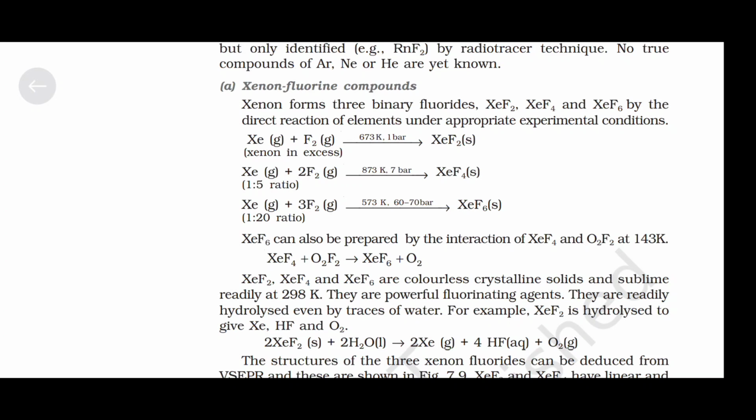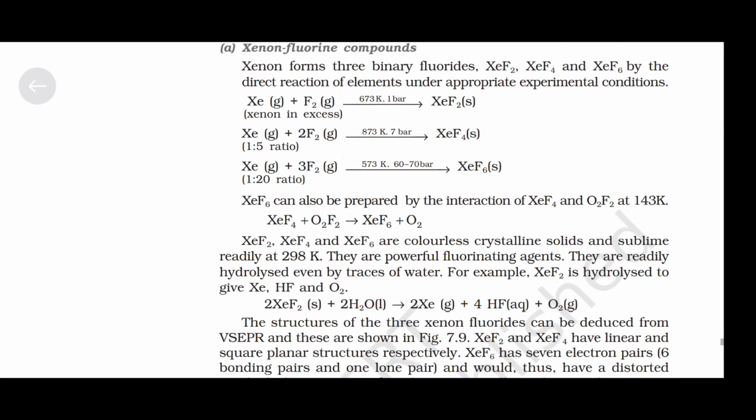So when xenon is in excess and fluorine at 673 Kelvin and 1 bar pressure, XeF2 is formed. When xenon and fluorine are in 1:5 ratio, at 873 Kelvin and 7 bar, XeF4 is formed. When xenon and fluorine are in 1:20 ratio at lower temperature and higher pressure, then XeF6 is formed.